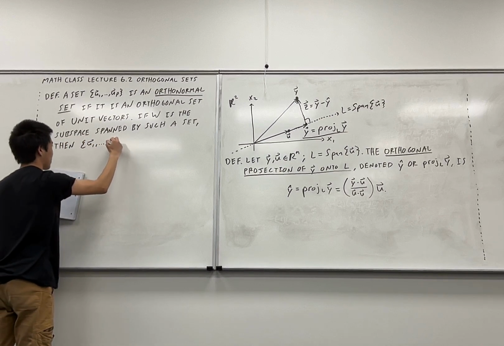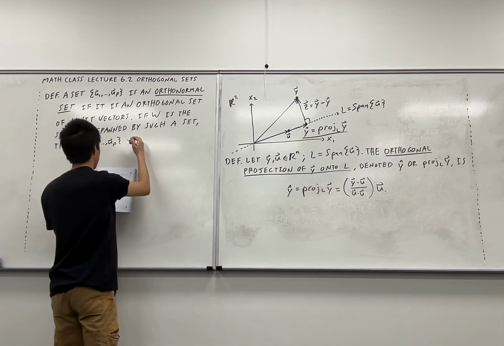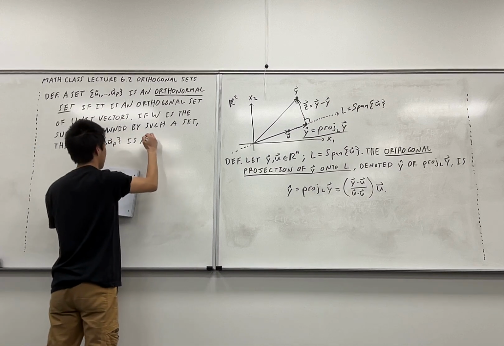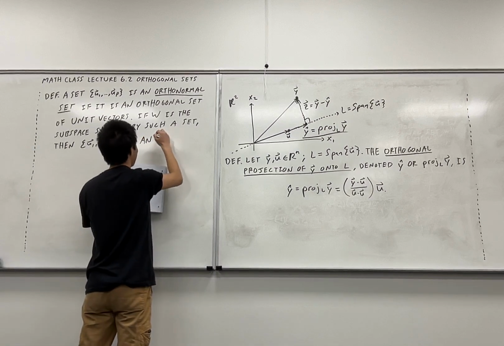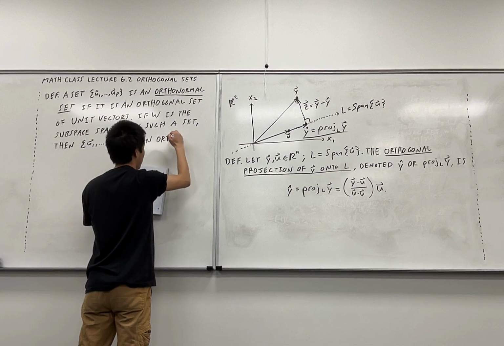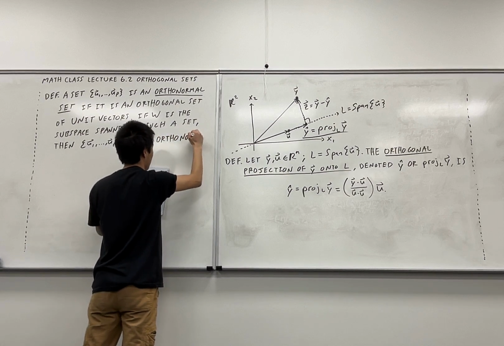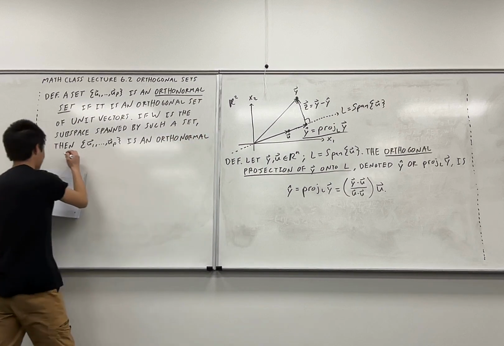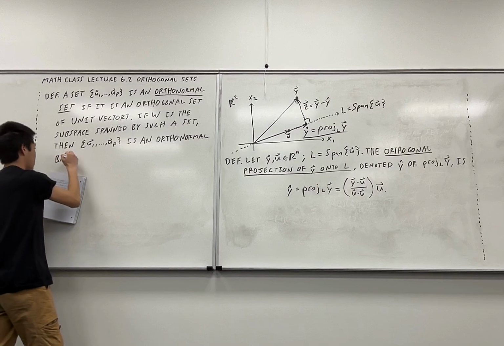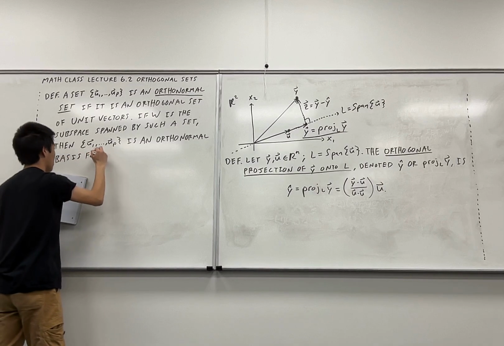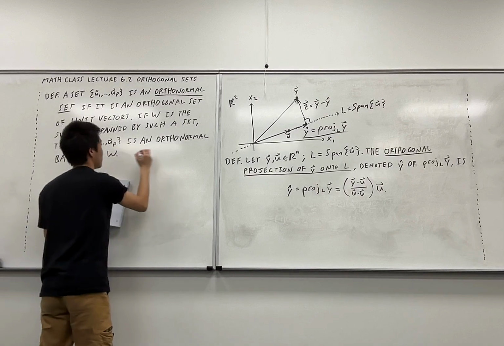My set of unit vectors that are all orthogonal to each other is an orthonormal basis for that subspace W.